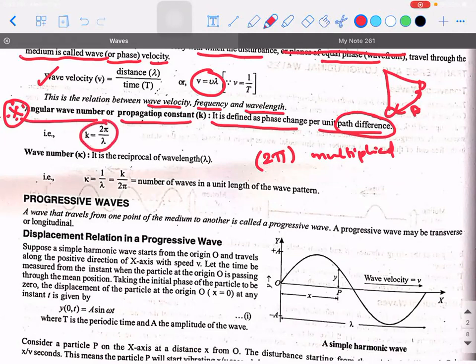So what will be the SI unit for it? It will be radians per meter. 2 pi is in radian, wavelength is in meter. So radian per meter is the unit of angular wave number.